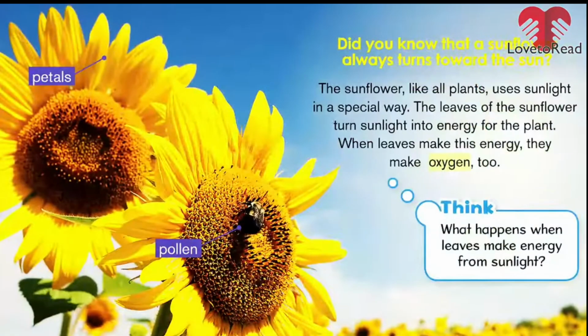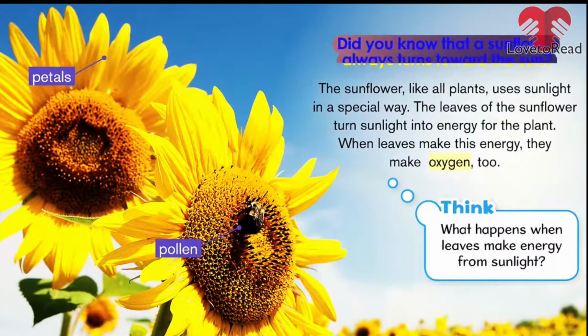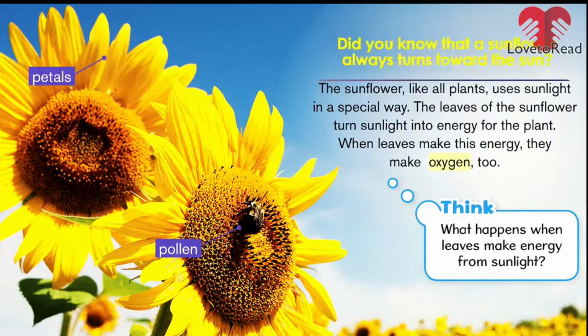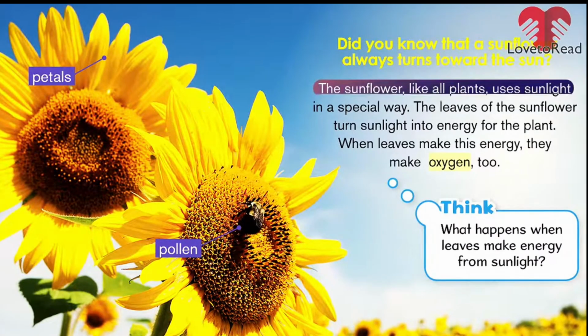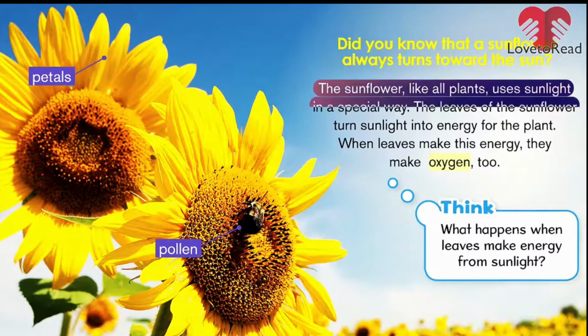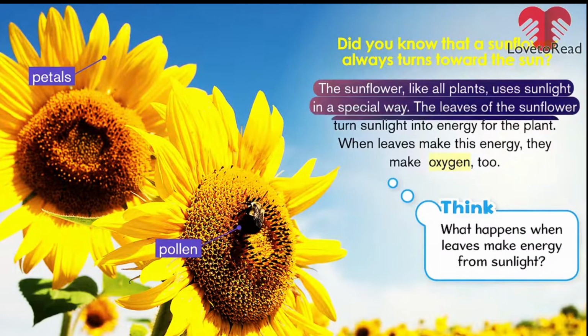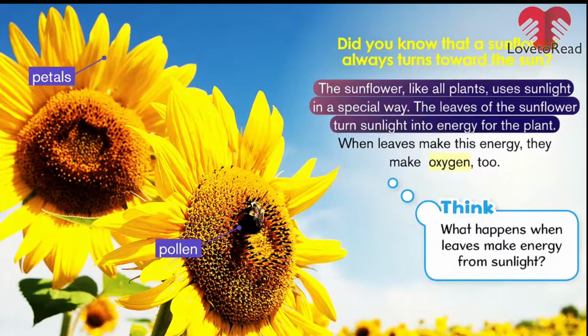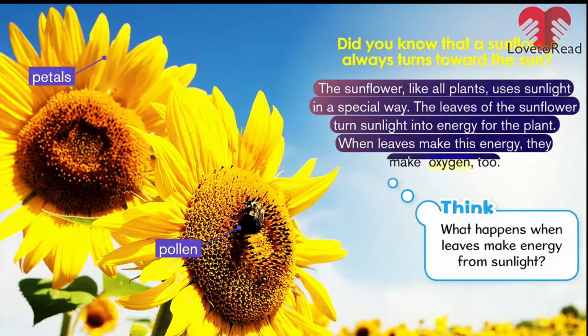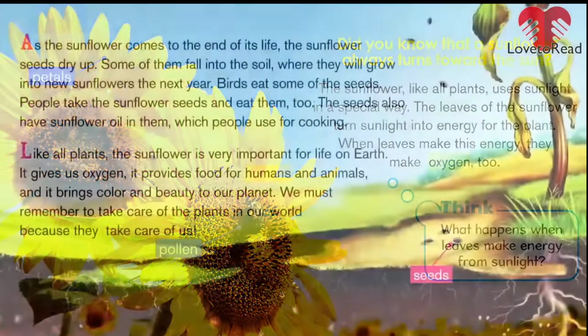Did you know that a sunflower always turns towards the sun? The sunflower, like all plants, uses sunlight in a special way. The leaves of the sunflower turn sunlight into energy for the plant. When leaves make this energy, they make oxygen too.